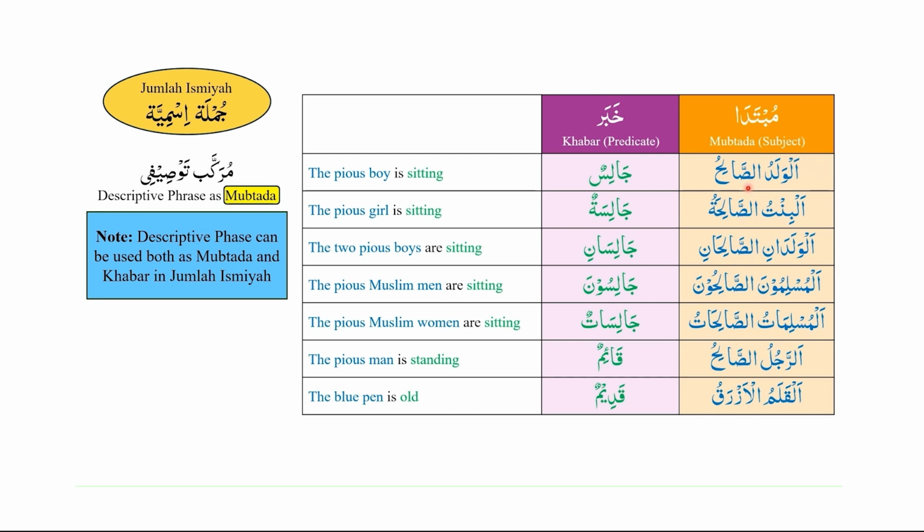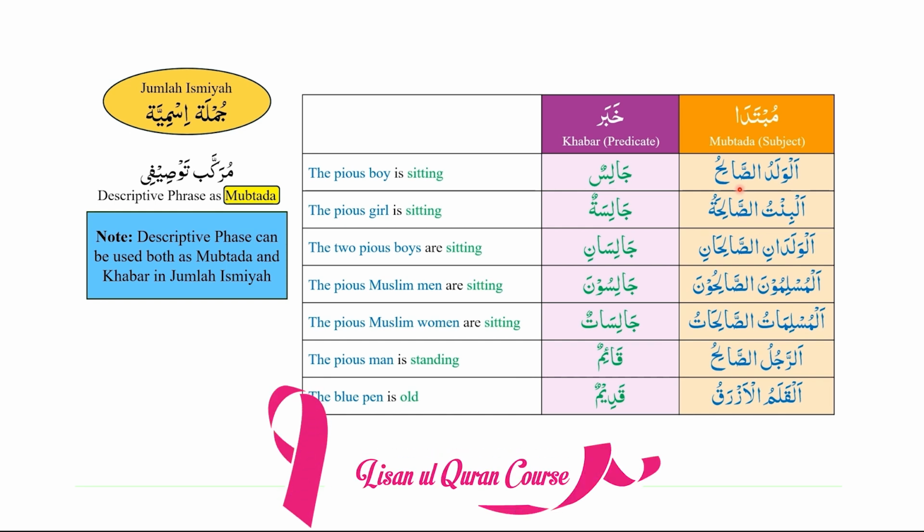Al-waladus salihu jalisun. The pious boy is sitting. In this case, al-waladus salihu is definite and al-waladus salihu is marfu, and it satisfies the requirement for it to be mubtada.